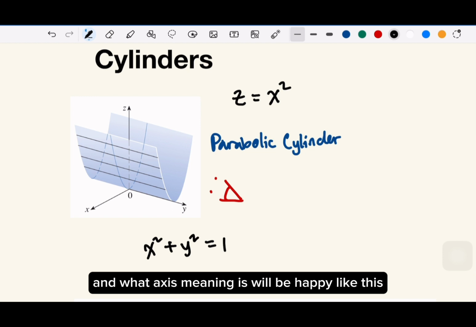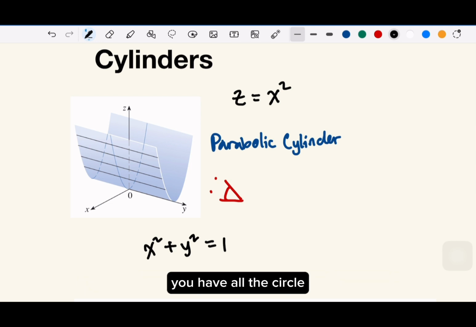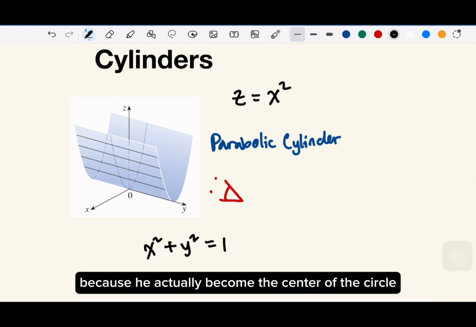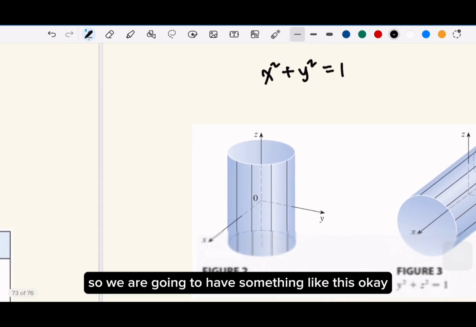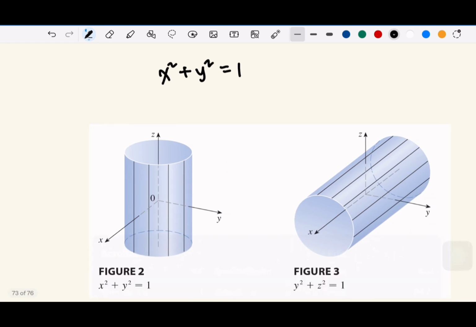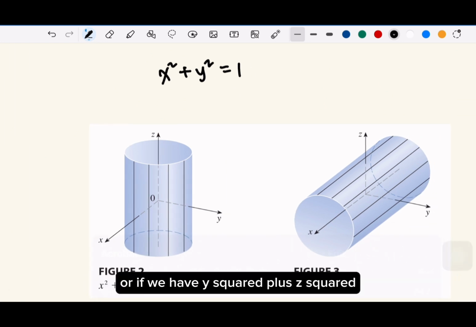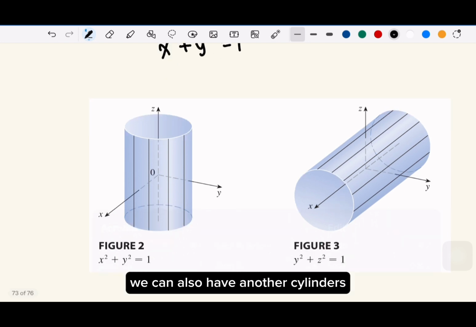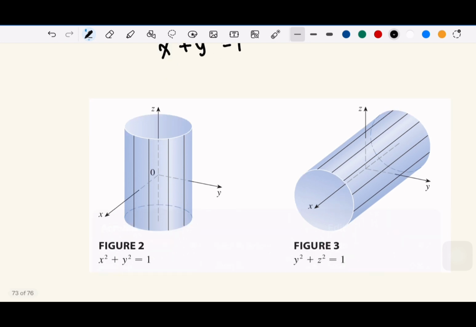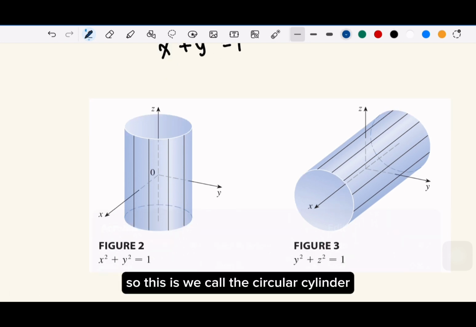But if we see from the isometric view, we see along the z-axis we have all the circles. So the z-axis becomes the center of the circle, and we are going to have something like this. Or if we have y squared plus z squared, we can also have another cylinder. This we call the circular cylinder.